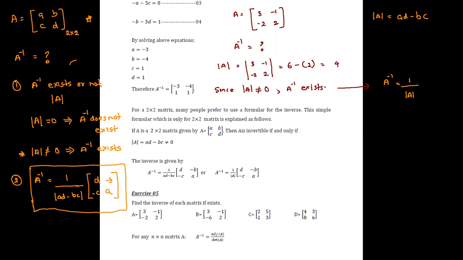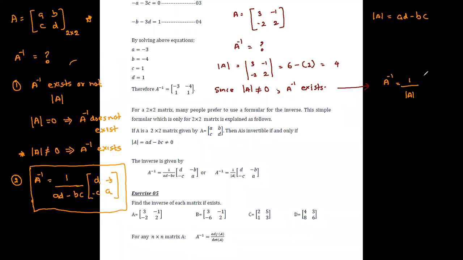There is one correction I would like to make at this point. Here it is not the modulus sign, it is just AD minus BC. Please correct this. There is no modulus here, but here we are using this as the determinant of A.